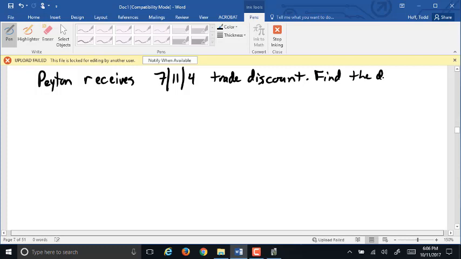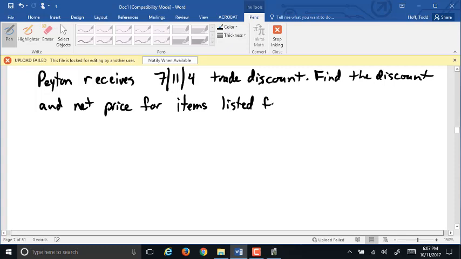Find the discount and net price for items listed for $8,400.